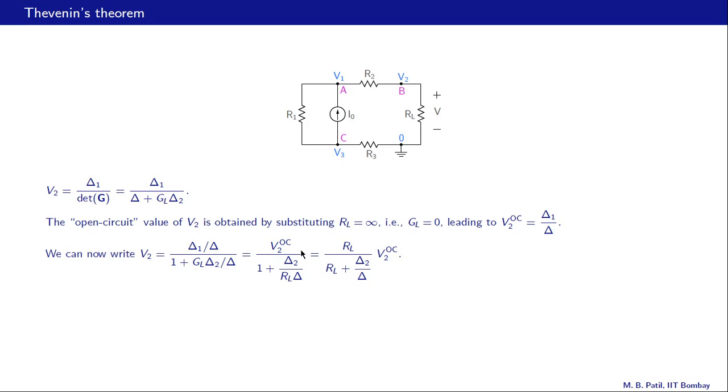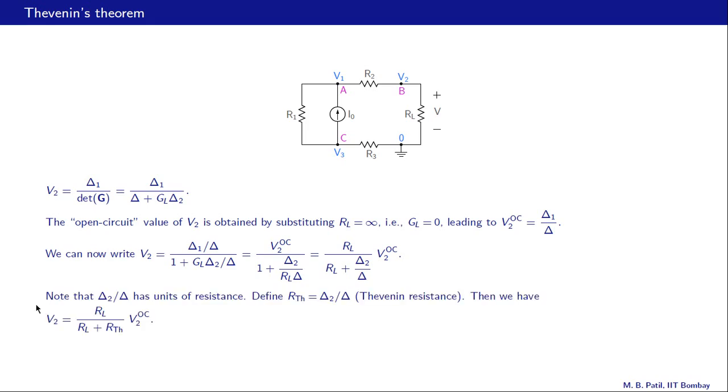So we replace that with V2 OC, and that gets divided by 1 plus delta 2 over RL times delta. Here we have used the fact that GL is 1 over RL. Now let us multiply both numerator and denominator by RL to get RL divided by RL plus delta 2 over delta, times V2 OC.